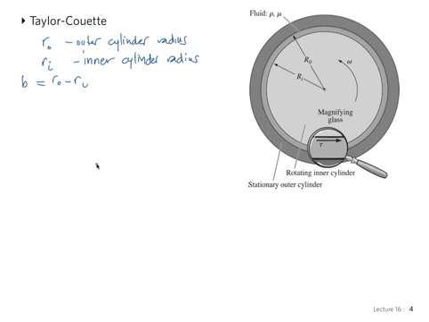And the Couette flow is going to be obtained if the gap is small. So we want R0 minus Ri much smaller than, say, Ri. So if the gap is small, then we can use the Couette flow solution.